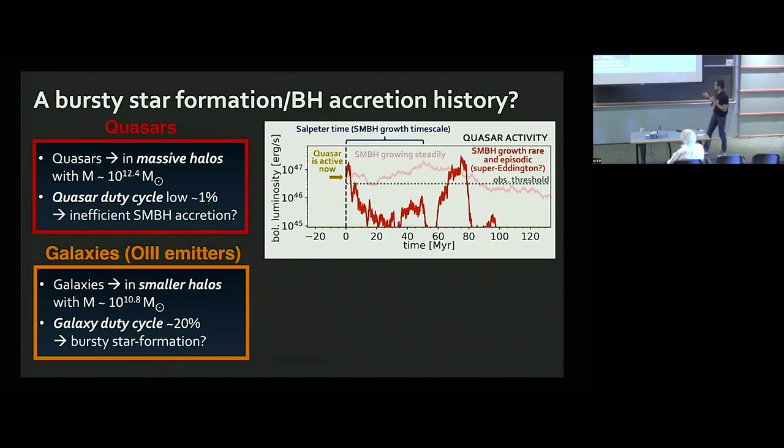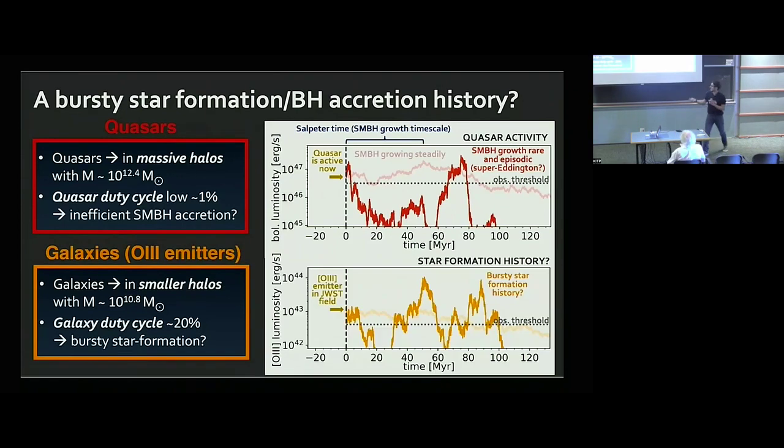Christina made this point already this morning, but what Peter also said is that we can do the same for galaxies, right? The scale changes, the axis changes, but the concept is the same. And indeed, with EIGER, based on 500 or so [OIII] emitters, we measure a galaxy duty cycle of around 15 to 20%. That implies that only 15 to 20% of the galaxies are emitting in [OIII] at any given moment.